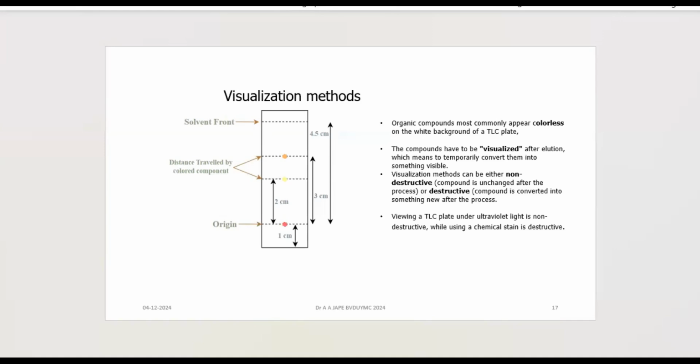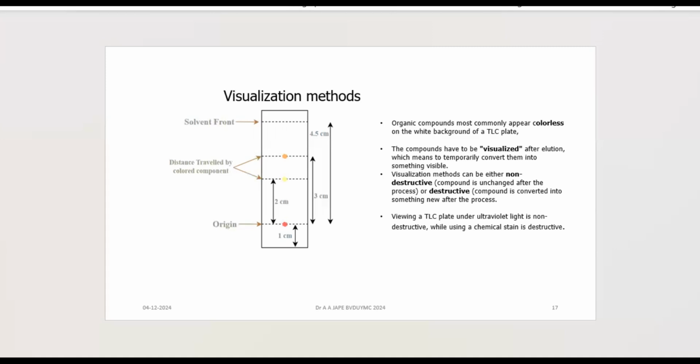Now, when we talk about plate development, separation most commonly takes place in a glass tank that contains the developing solvent. Generally the volume of the solvent is very important, because the TLC plate that you immerse, along with the analyte loaded onto it, should not get dipped into the mobile phase. It should remain above the level of the mobile phase.